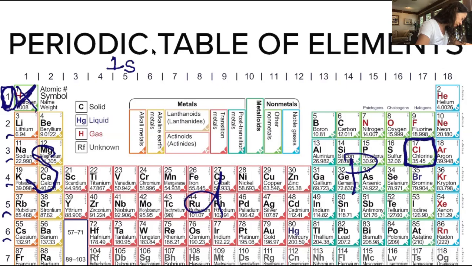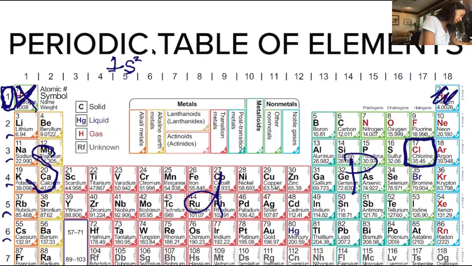Notice helium is atomic number 2. You could imagine helium being right here. So I'm going to put 2 electrons, envision those as electrons, in an S subshell on the first energy level.